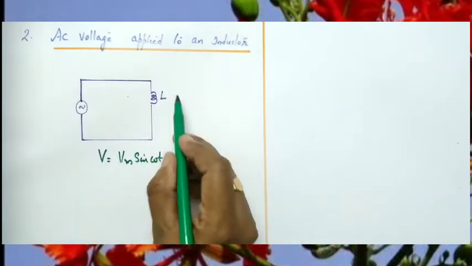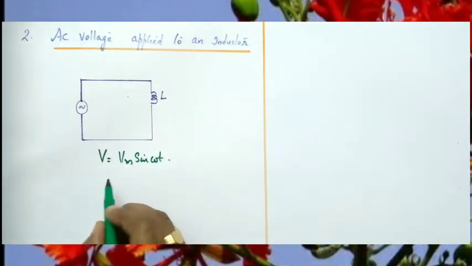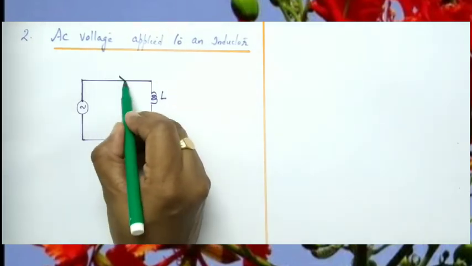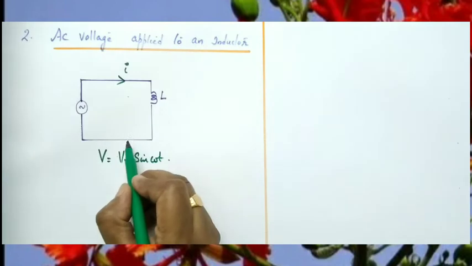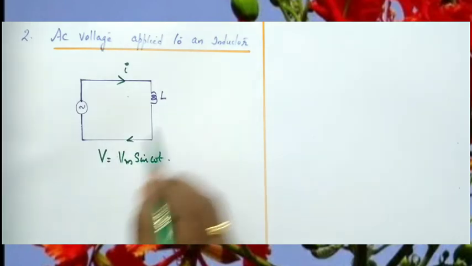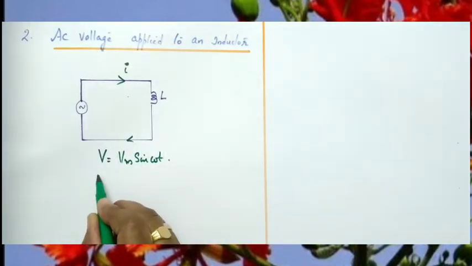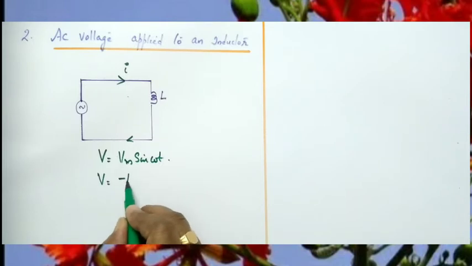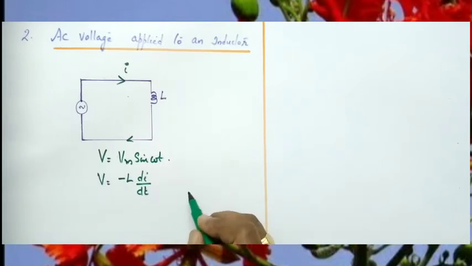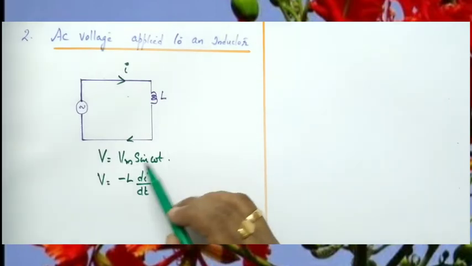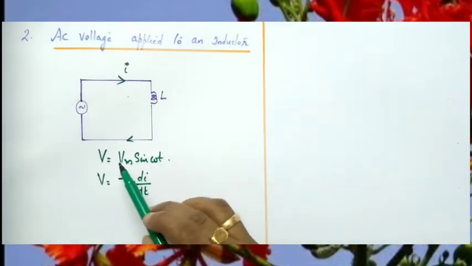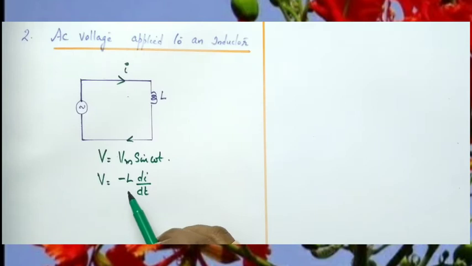Okay, and what is the voltage across the inductor? Let I be the AC current flowing through it. Now the voltage across the inductor L is given by V equal to minus L into di divided by dt. So the total voltage: Vm sin omega t is the AC voltage, and the voltage across the inductor can be written as minus L into di by dt.